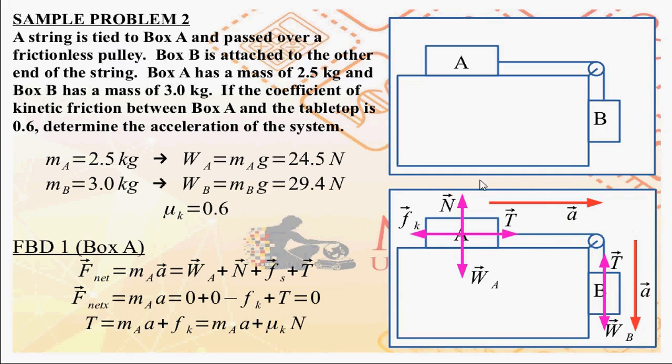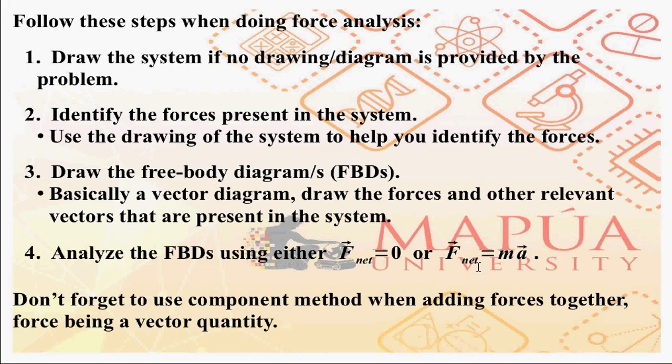We have identified the forces present in the system. You have two free body diagrams, one for box A and one for box B. Analyze the free body diagrams. There's acceleration in the system, so we equate F net to ma. The system is accelerating.